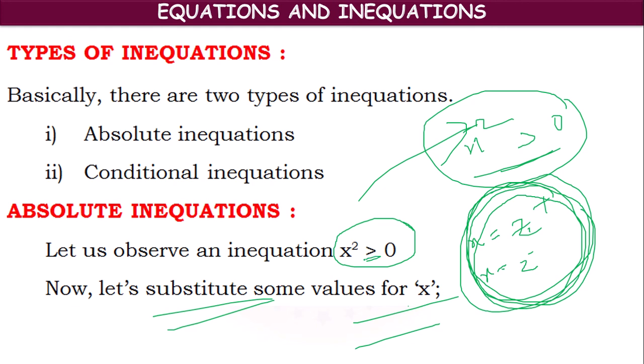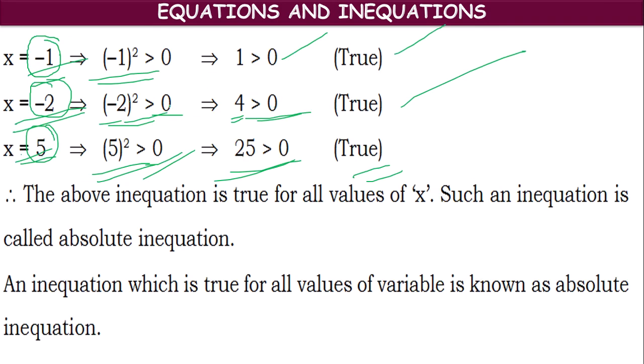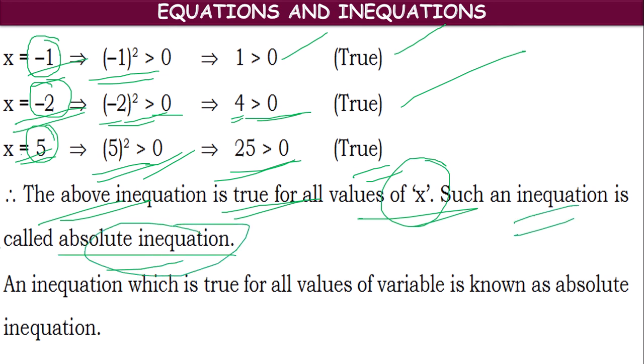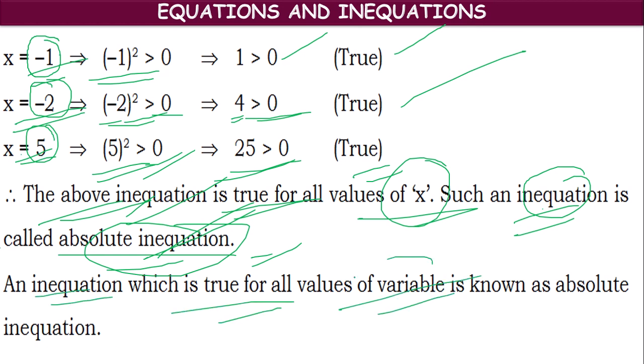Or they can keep greater than or equal to 0. Then we can take 0 also, it will be equal to 0, true. So like this, if the inequation is true for all values of x, then such an inequation is called an absolute inequation. The inequation which is true for all values of the variable is known as an absolute inequation.